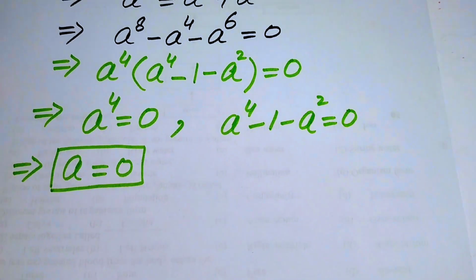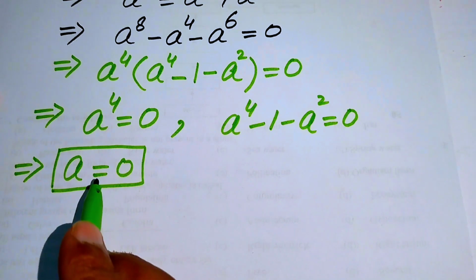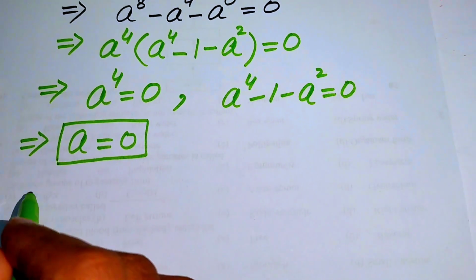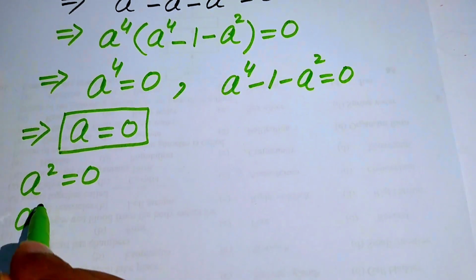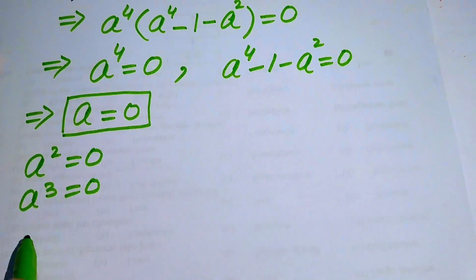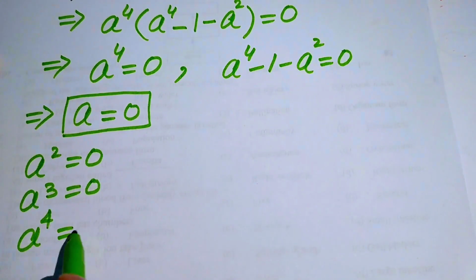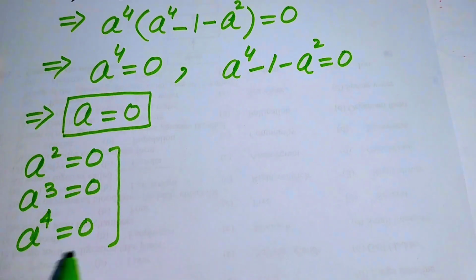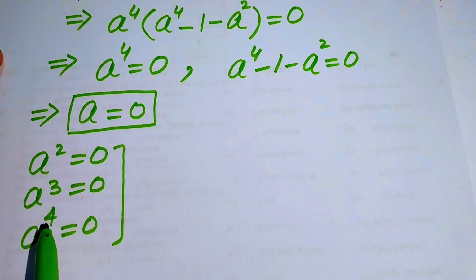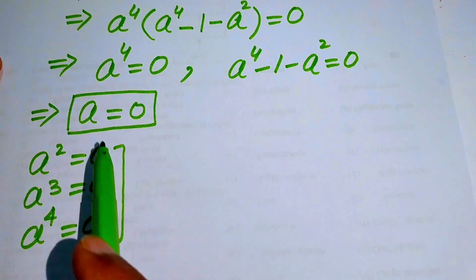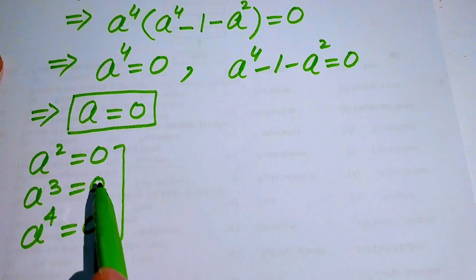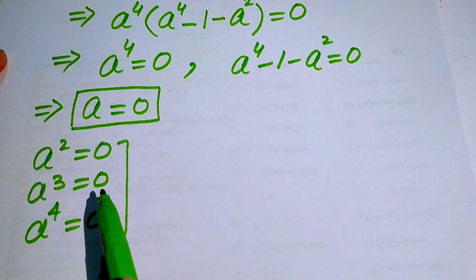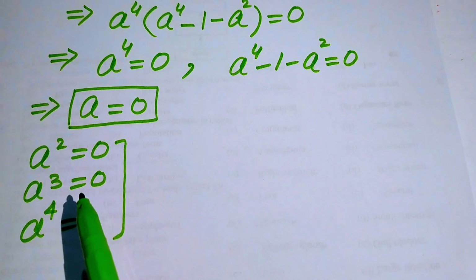But here you see that if a equals 0, then it means that a square equals 0, a cubed equals 0, and a to the power of 4 equals 0. So all the sides of the given triangle are equal to 0. So if a equals 0, it means that all the sides are 0, so a triangle does not exist.